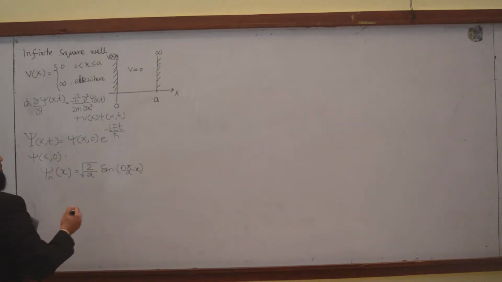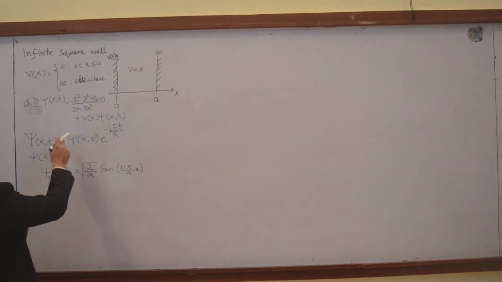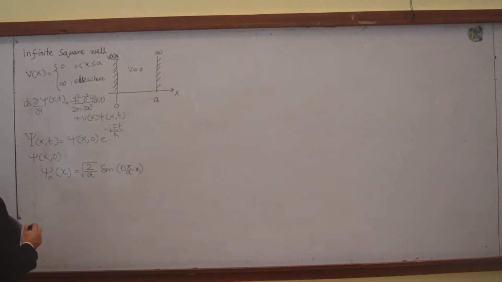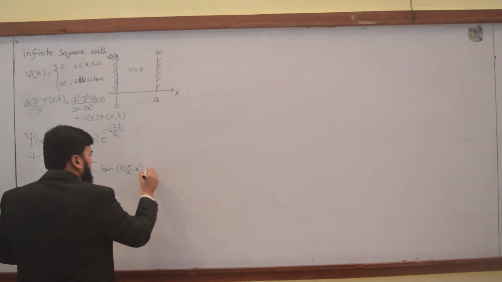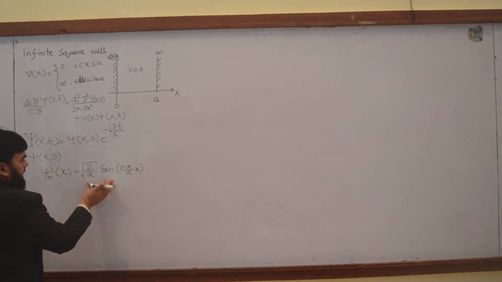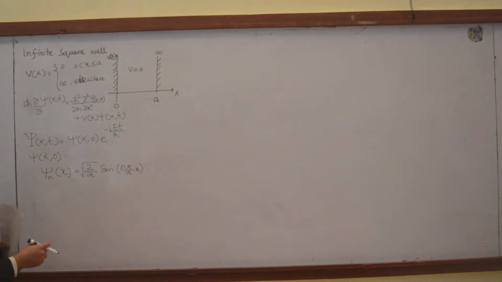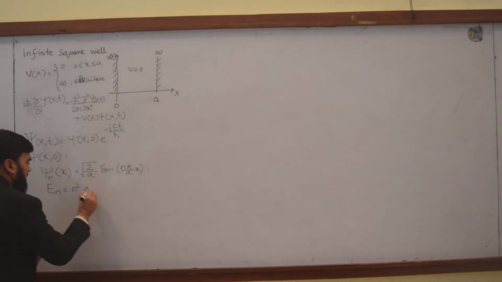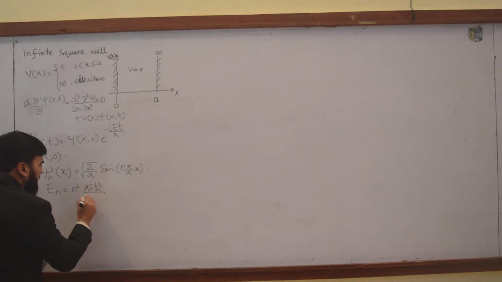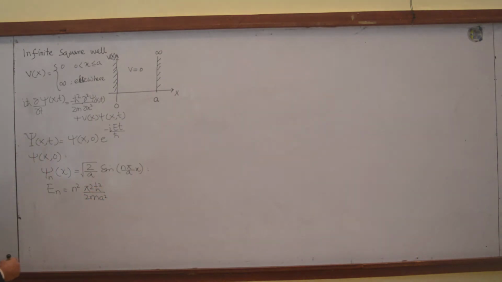And this is the solution of the time independent Schrödinger wave equation, and this represents the different wave functions, the different states of the particles in this system. We plotted them in the previous lecture, and the energy associated with this state is E n equals n squared pi squared h bar squared over 2m a squared.